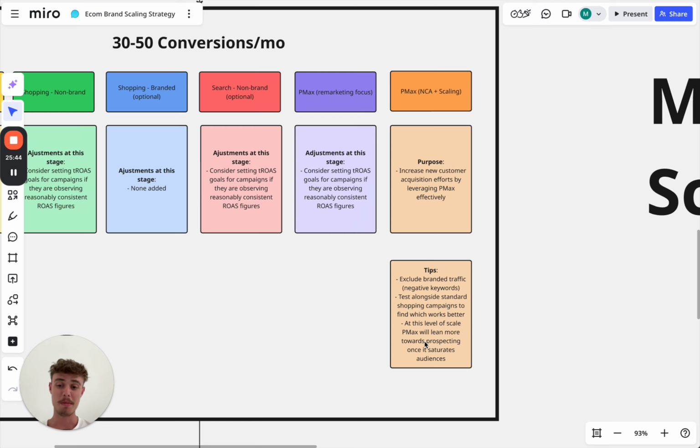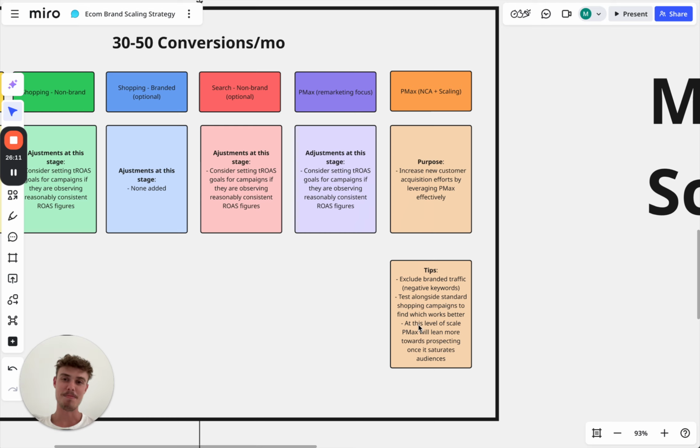So I do definitely recommend using it at this point, especially if you're going to be using PMAX campaigns for new customer acquisition, because they are notoriously difficult to see the inside targeting, right? If you want to see inside a PMAX campaign, you basically can't. There are some things you can do, like using scripts to figure out placements, but ultimately PMAX is very opaque, and they really try to obfuscate all of the potential insights you could gain when it comes to new customer acquisition.